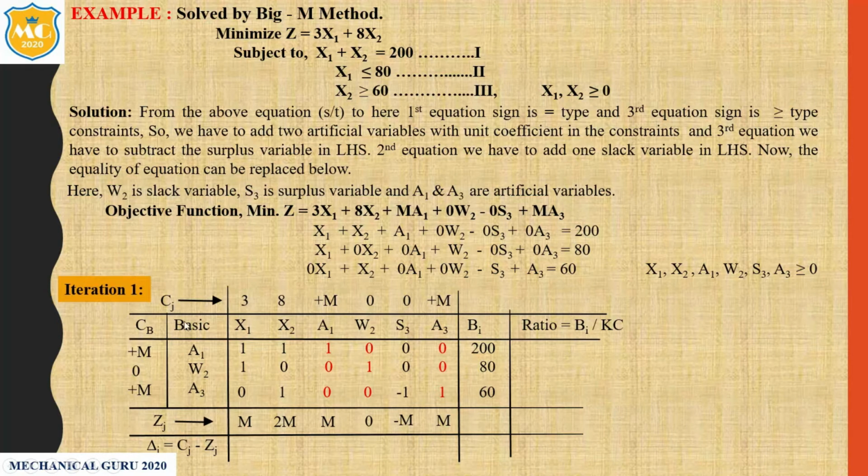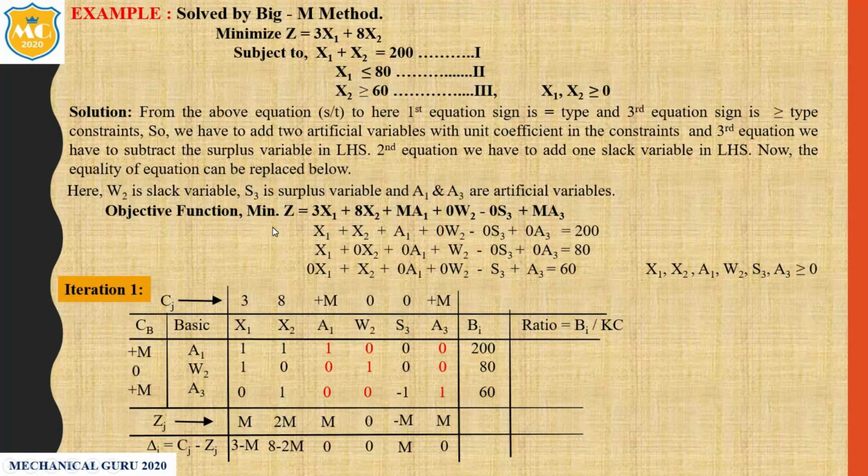Okay, just we have to differentiate Cj minus Zj. So here 3 minus m, here 8 minus 2m, plus m minus m 0, 0 minus 0 0, 0 minus minus plus, here plus m and here again 0.